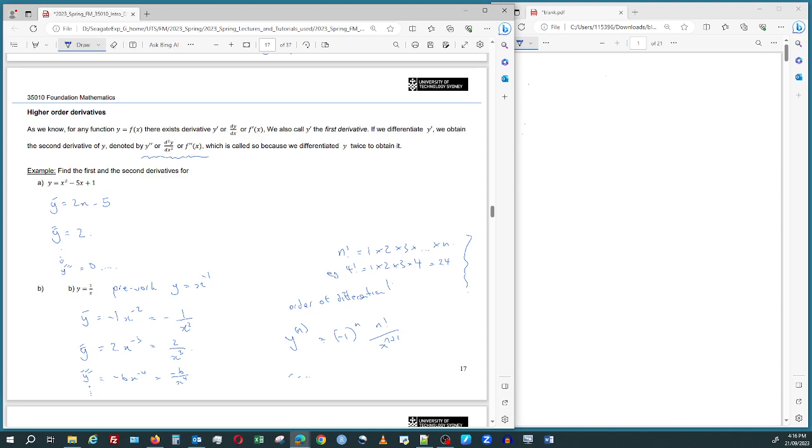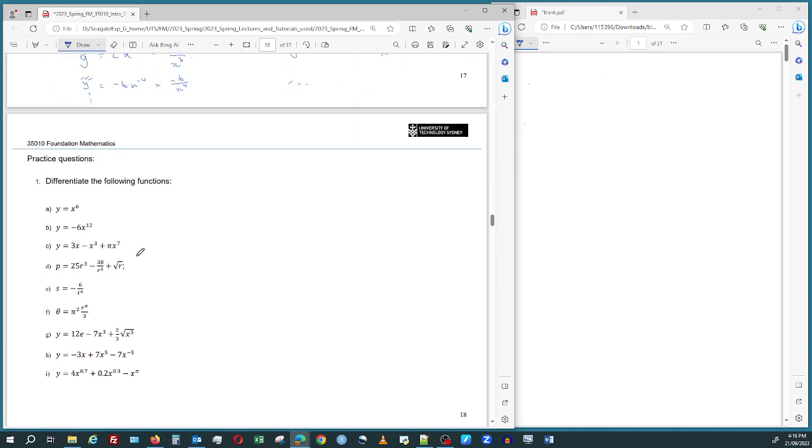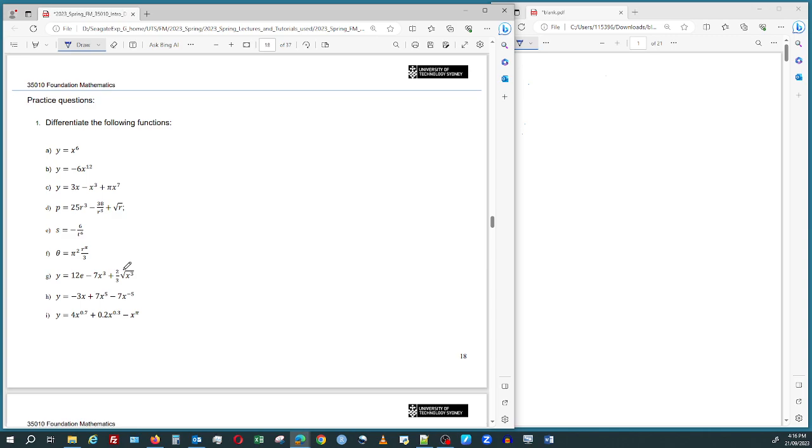All right. So we go on to some practices, and the practices are just designed to let you work these out. So you can use technology, or you can just do it yourself. Okay, so where it's fairly straightforward, it's pretty easy to do. So y dash is equal to 6x^5. You can check all of these with technology.